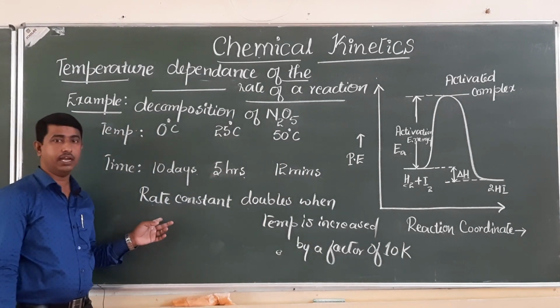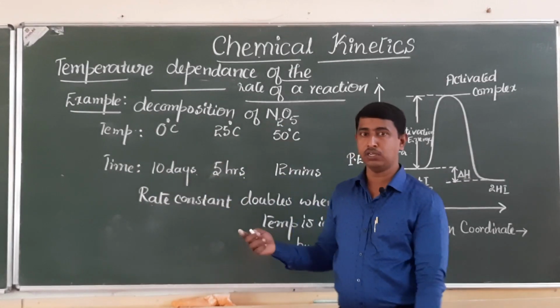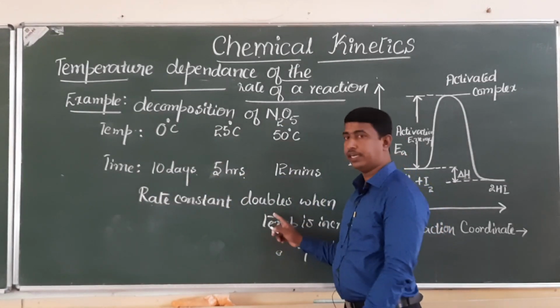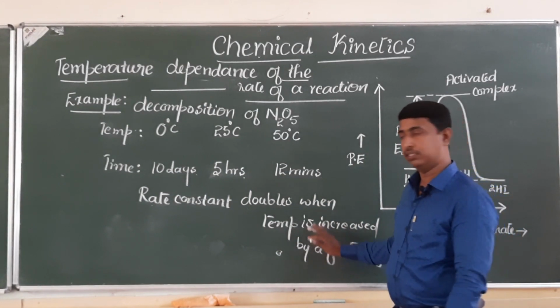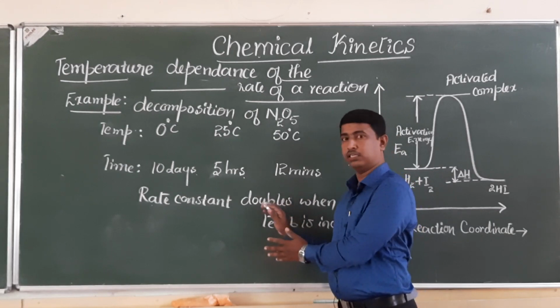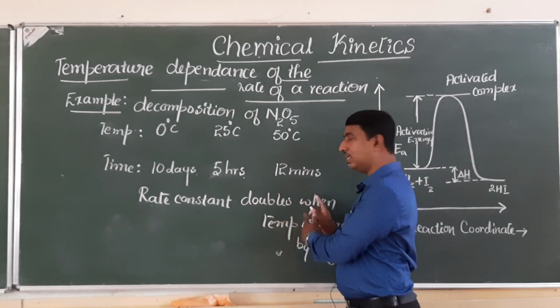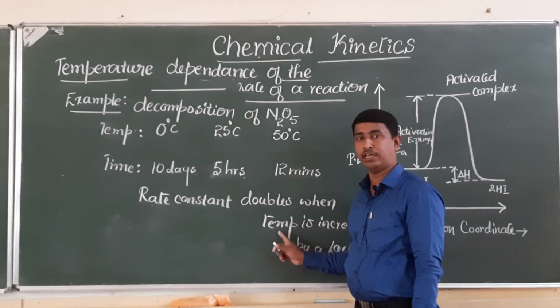Generally, it is found that rate constant doubles or even triples also sometimes. So, rate constant doubles for every 10 degree rise in temperature. This is the general statement. Generally, for a given chemical reaction, rate constant is increasing by a factor of 2 when temperature is increased by a factor of 10.